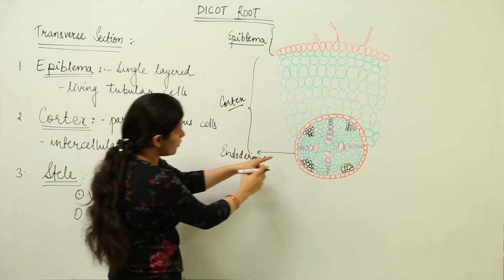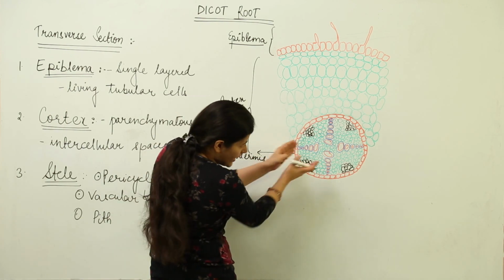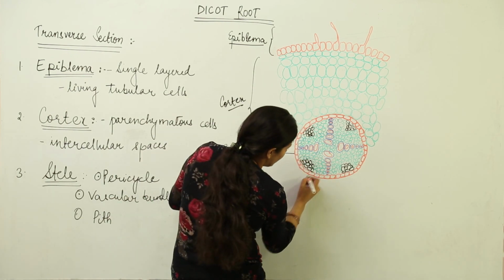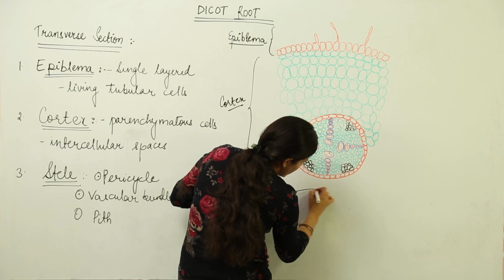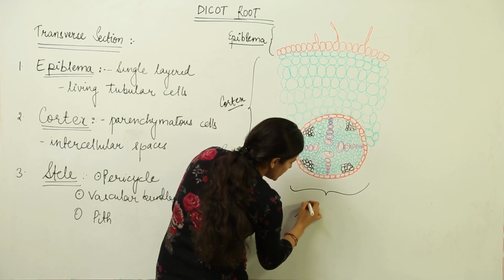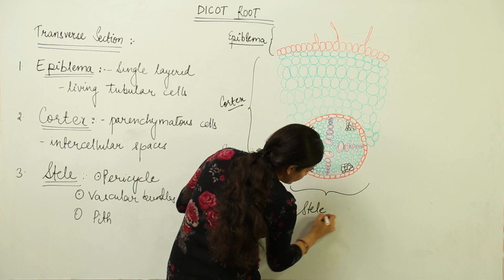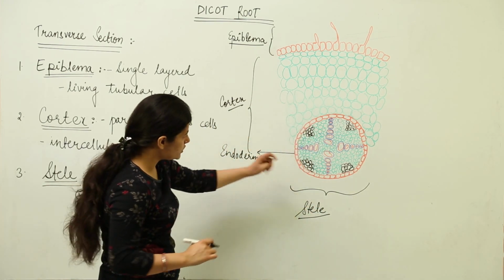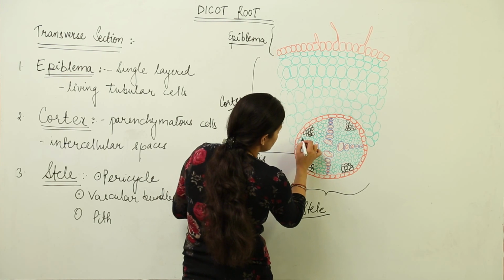Then going inside, this particular part, excluding the cortex, that comprises the vascular bundles is known as stele.